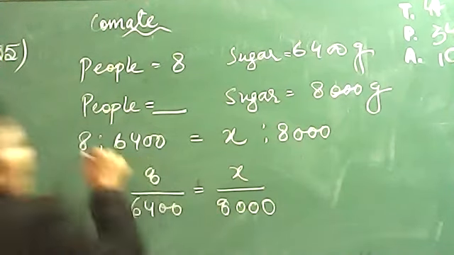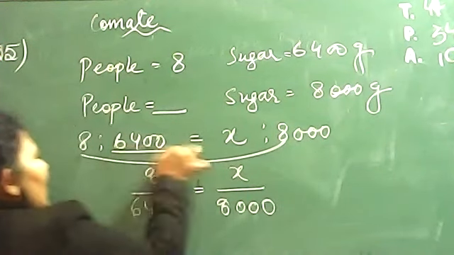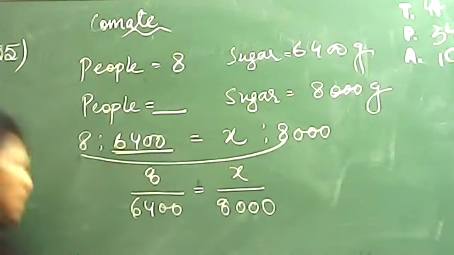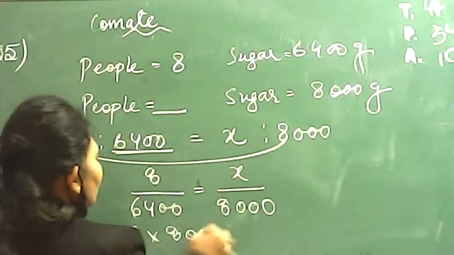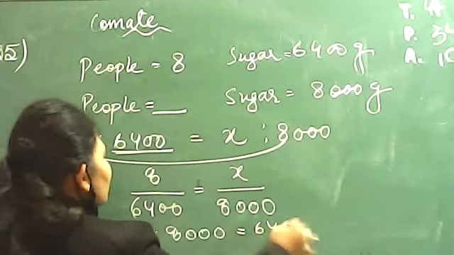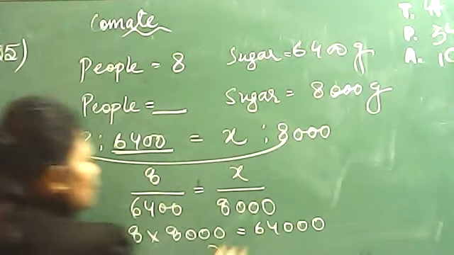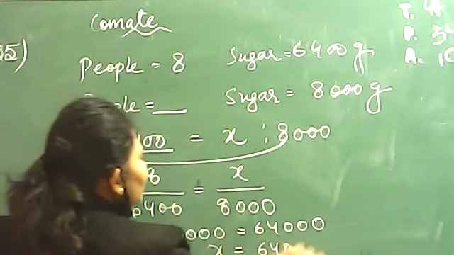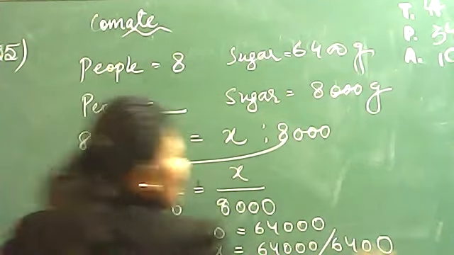We can simply multiply this. What answer comes, we can divide by this. Okay? Now, how can we do that? 8 into 8000, 64,000. This is the product of extremes. Now we want the value of x. So we can do 64,000 divided by 6400.